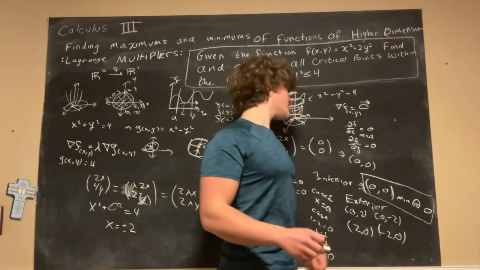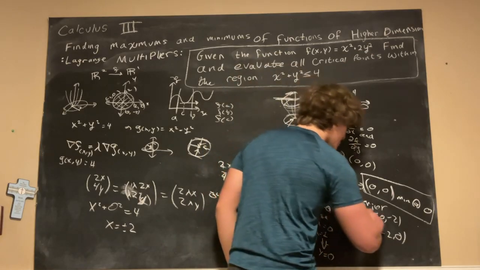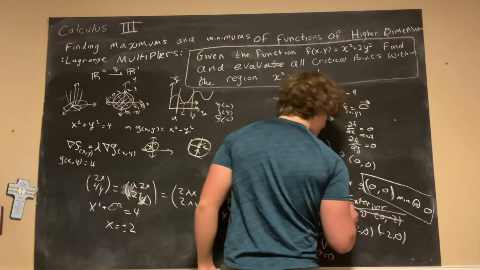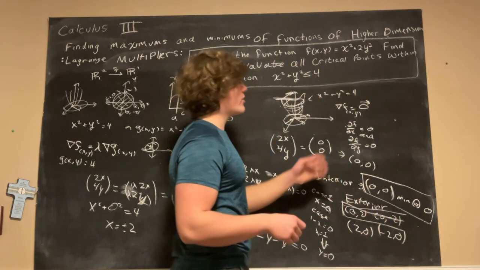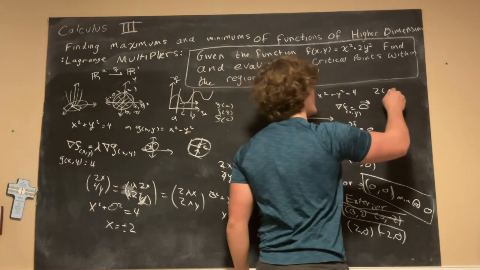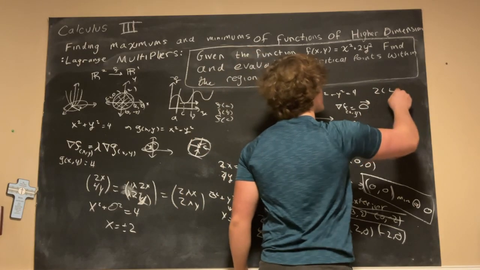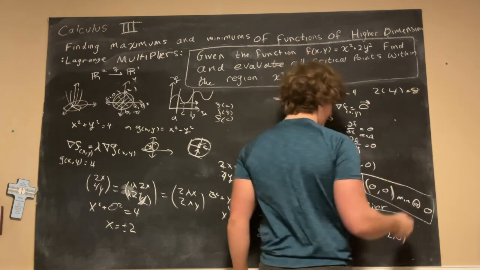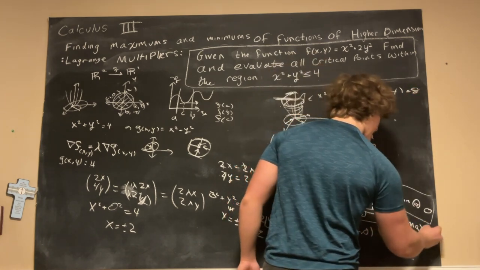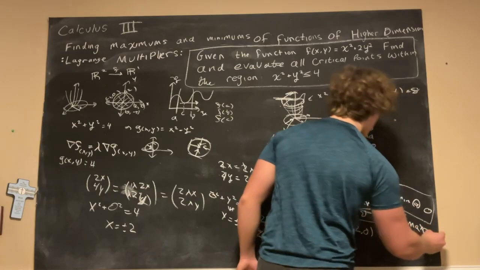So what this tells us is that these two will be our maximum, and since this is at our 2 comma negative 2, this is going to be 2 times our 2 squared, which is 4, which is going to equal 8. So this will be our max at 8.